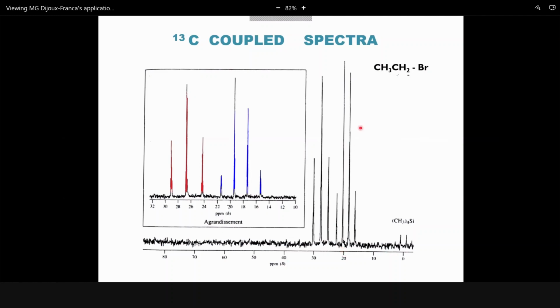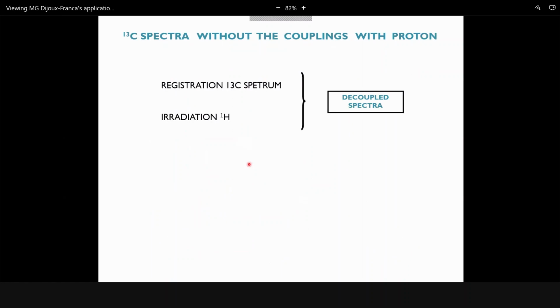So this is another example, for this molecule, ethyl bromide, and you see that the CH2 is here and the CH3 in blue. They are close together, but if the environment is not that different, they could overlap, and it will be very difficult to interpret. So that's why usually we make what we call a decoupled spectrum.